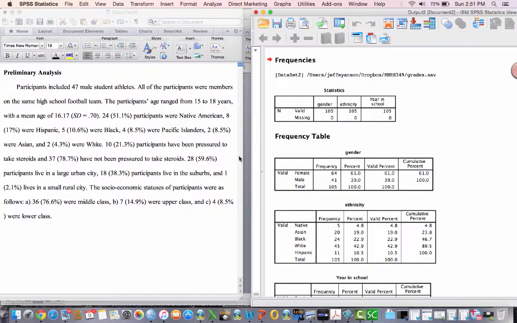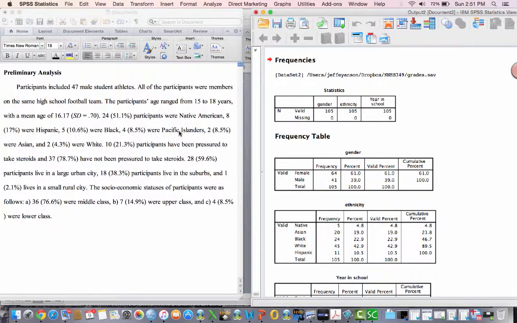So in that respect, if you look here, we know that there's 105. So in this one, the participants included 105 students. You could take this as a template and then use it. Then you just basically have to fill in the various frequencies as you go along based on here.